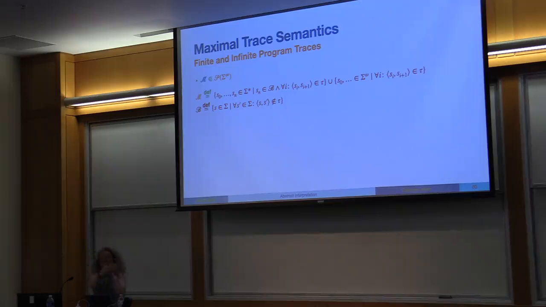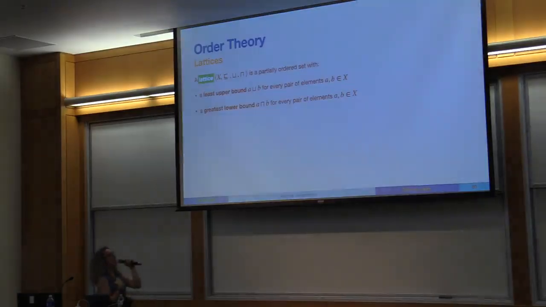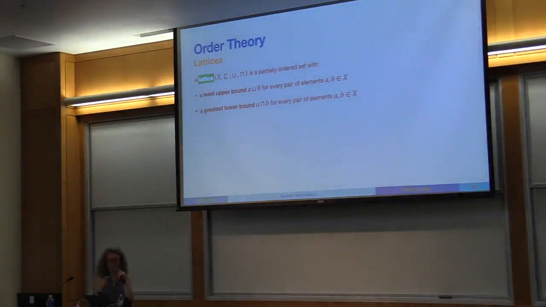Okay, now I want to give you a fixed point definition of this as well, but it's a bit more complicated than the other ones because we have all the infinite traces in between. So for this one, we actually have to define lattices first, and then complete lattices afterwards.